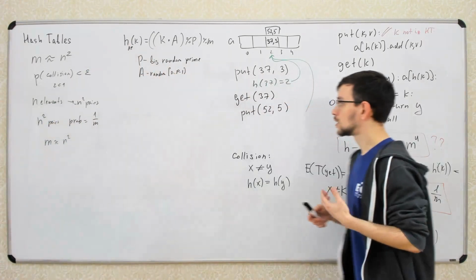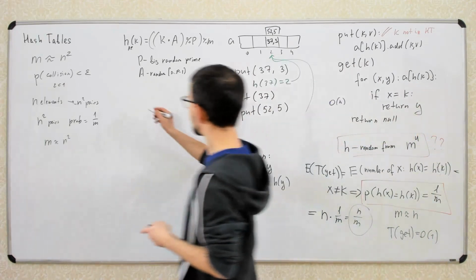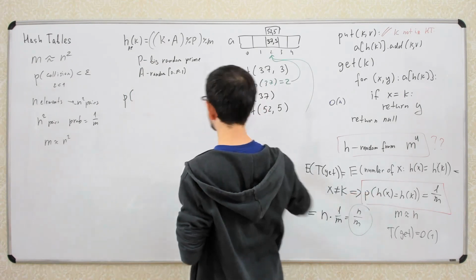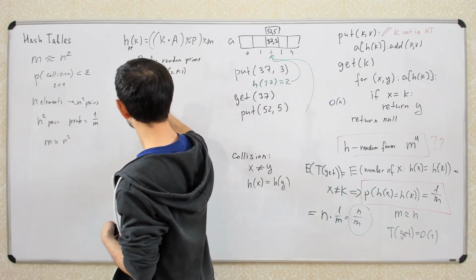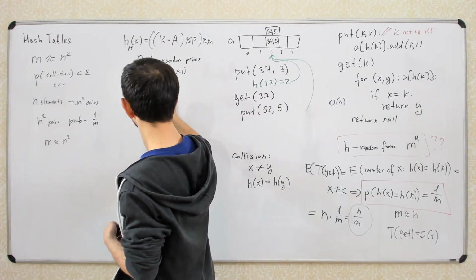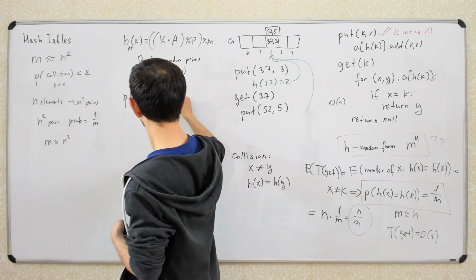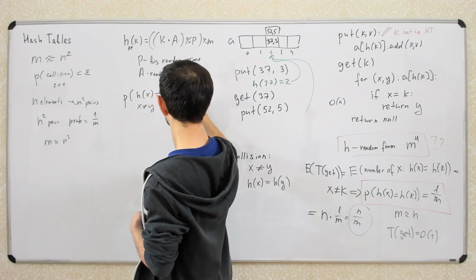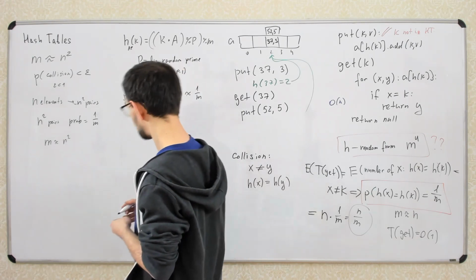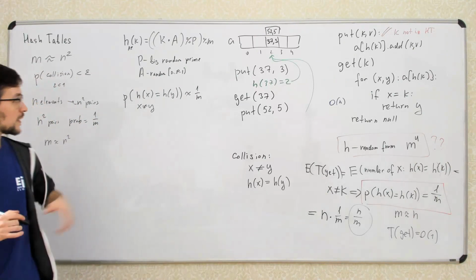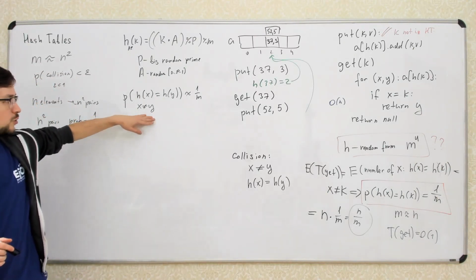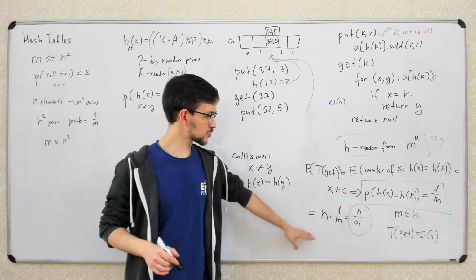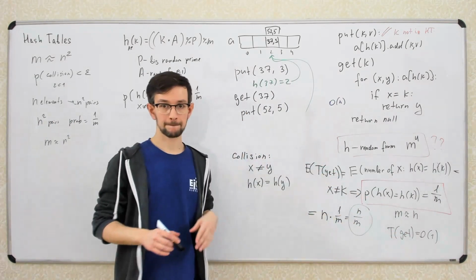We need to calculate the probability that for two different keys x not equal to y, the probability of a collision should be about 1 over m. If we prove this, we will use this fact here and have the same proof, so we have the same time complexity here.